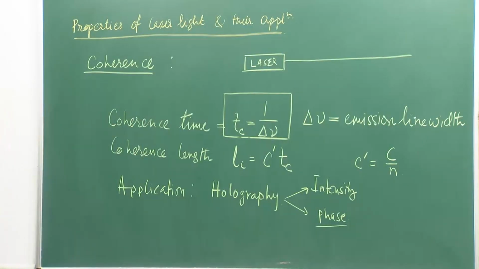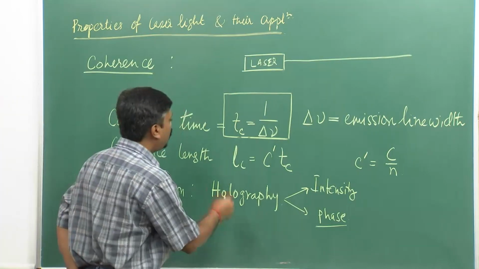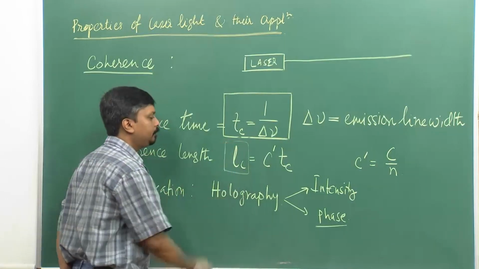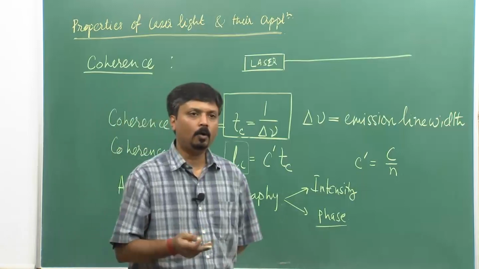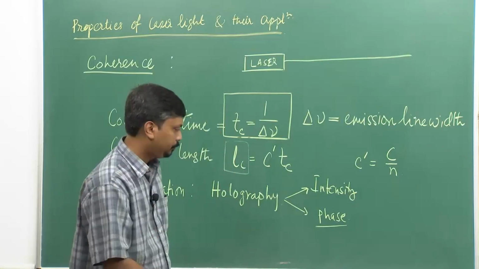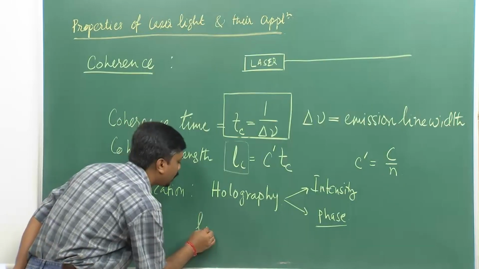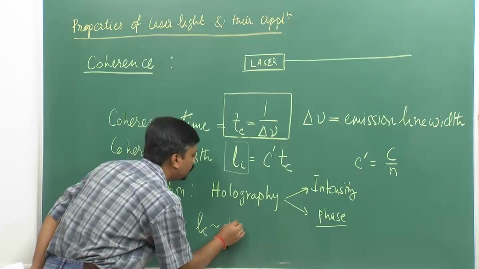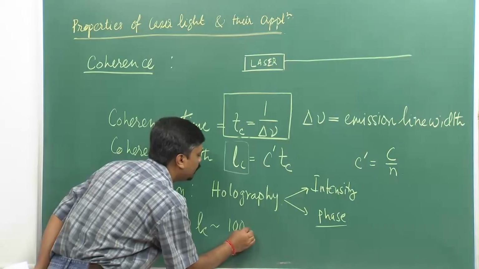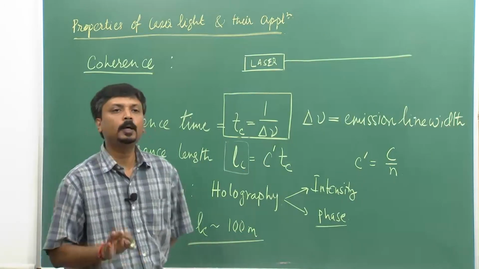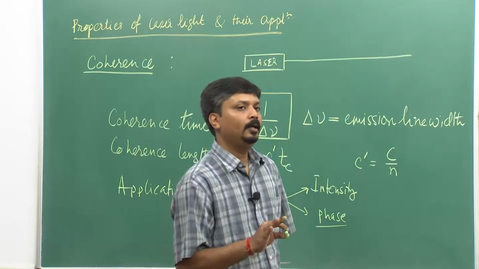Now, if I want to give you certain numbers, like how long this LC can be, it can be fairly long. If I take a gas laser, this LC value can very easily be 100 meters.